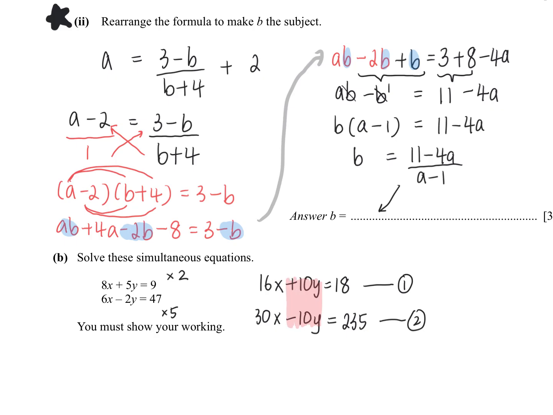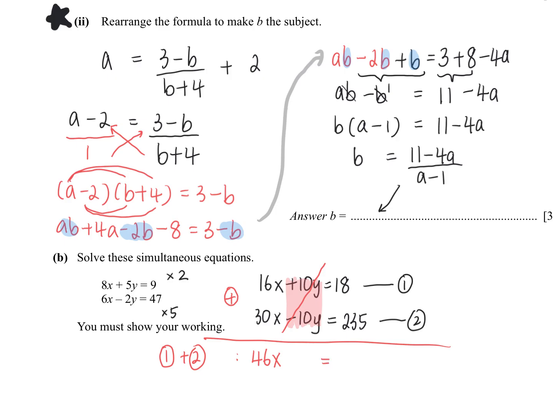Okay, so when you see that you have the same variable that is of opposite sign, to cancel it out, you basically just need to add them together. When they are of the same sign, you subtract them off. But when they are of opposite sign, all you need to do is to add them together. So if I add equation 1 to equation 2, just like how you normally do your addition, this becomes 46x. The 10y and negative 10y cancels out, no more already, this one gone.